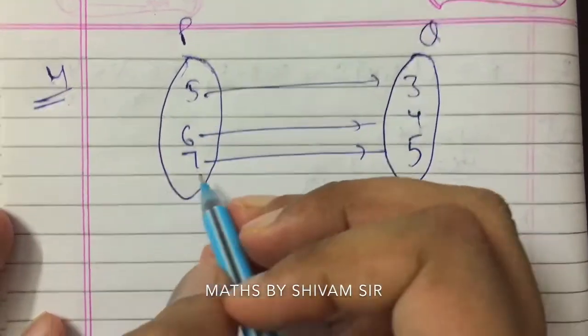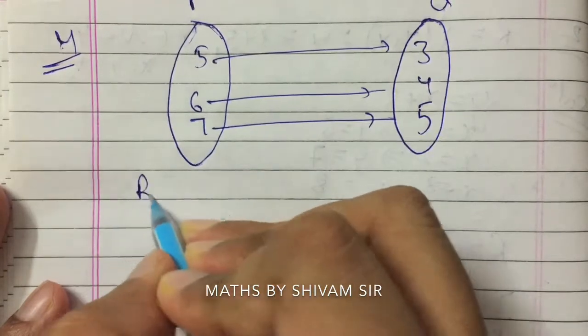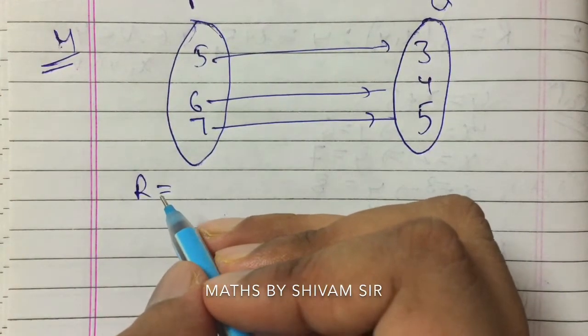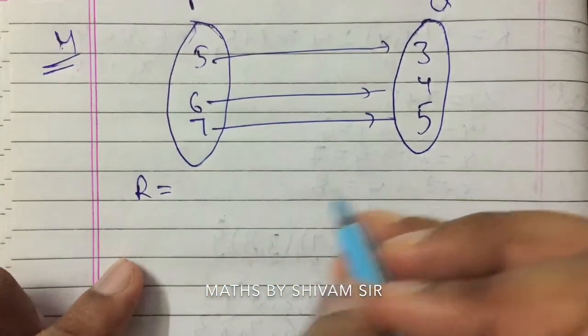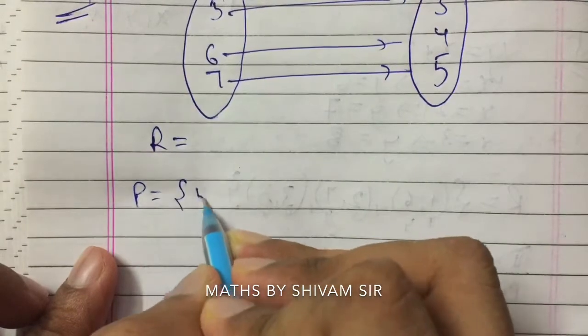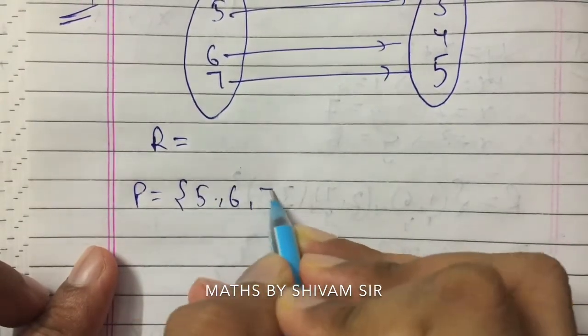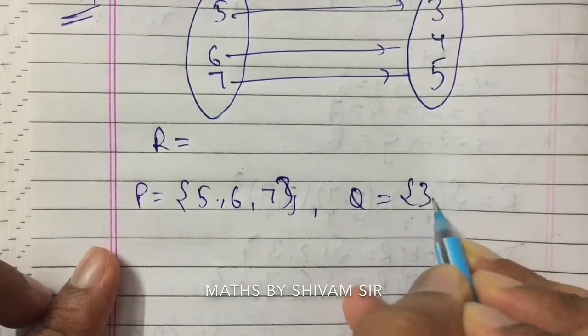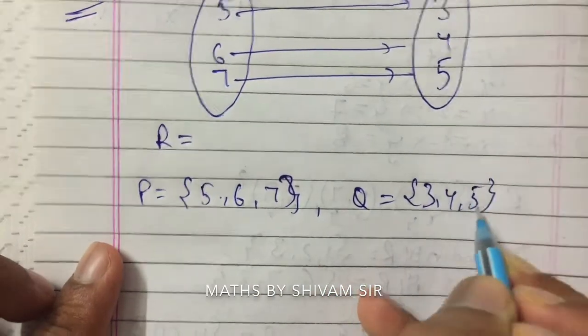in set builder form. So R, as we can see, according to the given figure, P has how many elements? This P has 5, 6, 7, right? Q has 3, 4, 5, right?